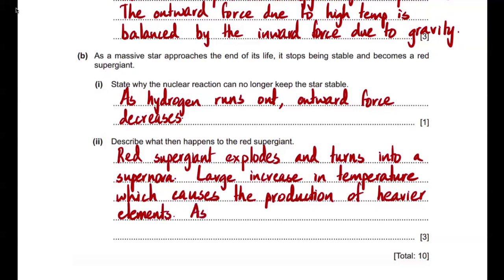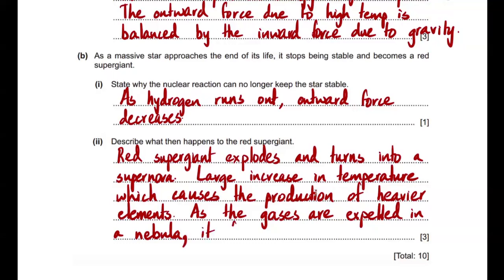As the gases are expelled in a nebula, then you will say that it can form either a black hole or a neutron star, depending on the mass of the star.